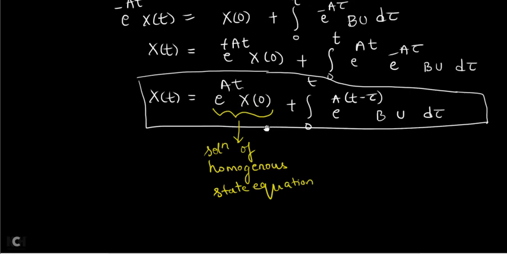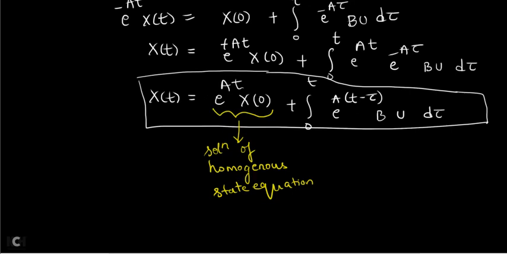Homogeneous equation means what? Your input is 0. There won't be any input at all. If the input is 0, u becomes 0, and the second term completely goes to 0. So what is the solution of the homogeneous state equation? When the input becomes 0, only e power at into x of 0. This is called the solution of the homogeneous state equation.